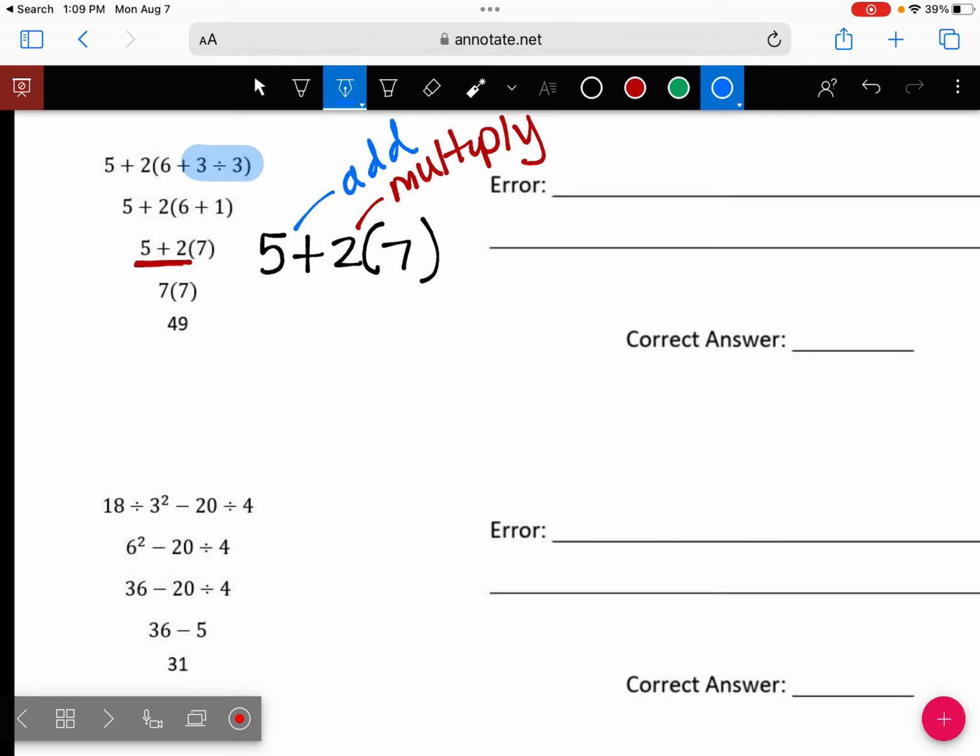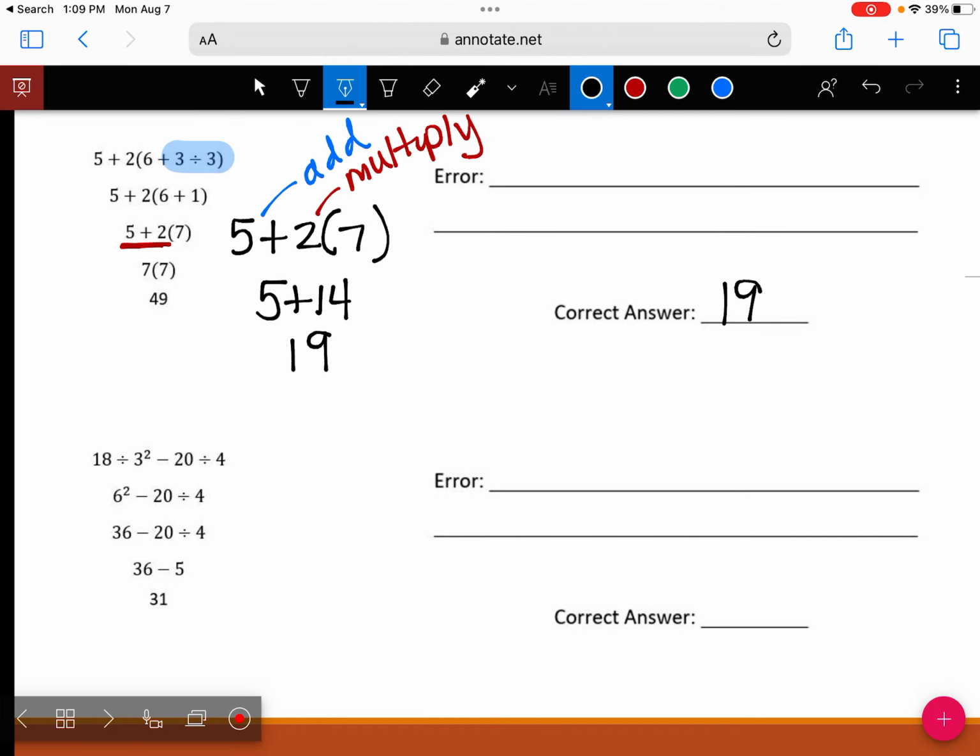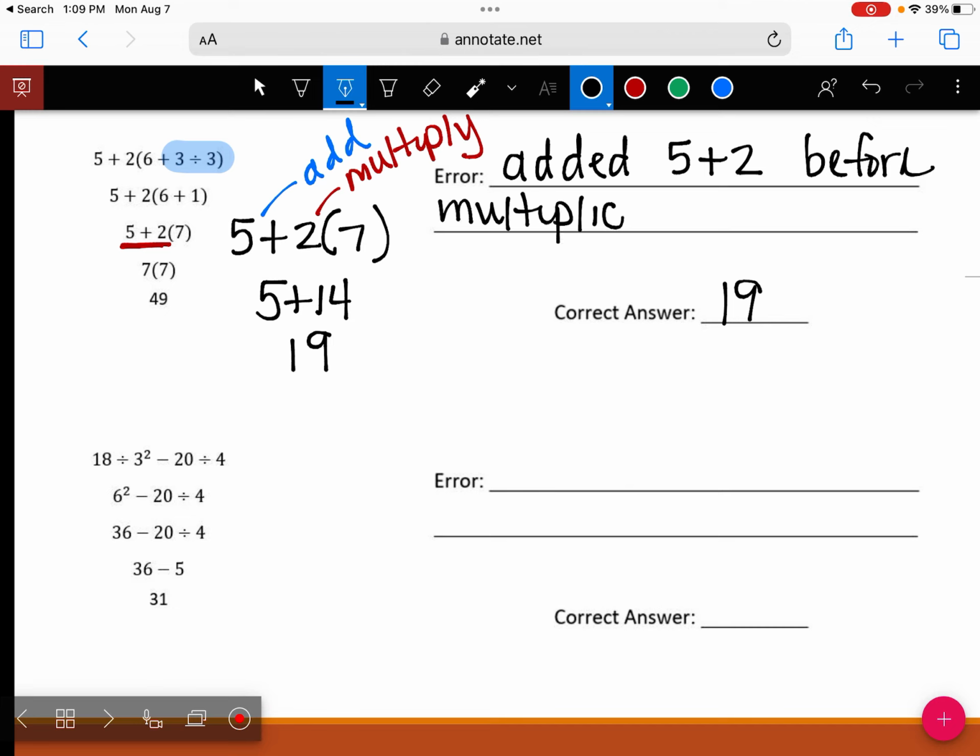So they should have taken 2 times 7. They should have multiplied first. And what they did instead was they added the 5 plus 2. So it should be 5 plus 14, which is 19. So the error is that they added 5 plus 2 before multiplication. So they were out of order.